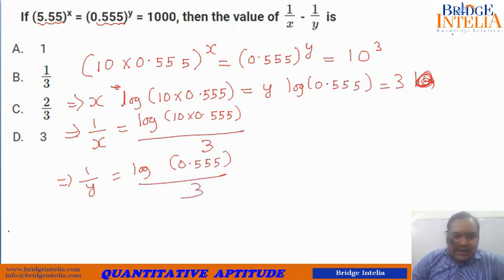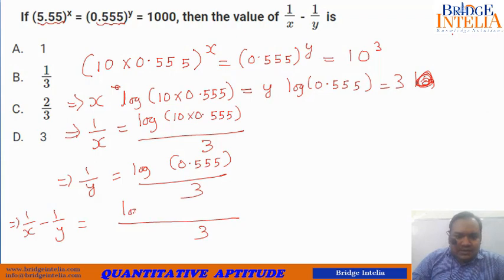So now 1 by x minus 1 by y is equal to, you can take 3 common, log of 10 into 0.555 minus log of 0.555.